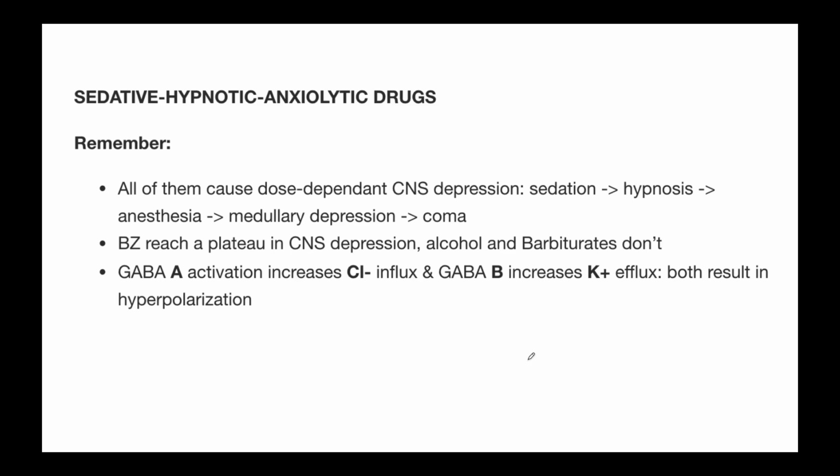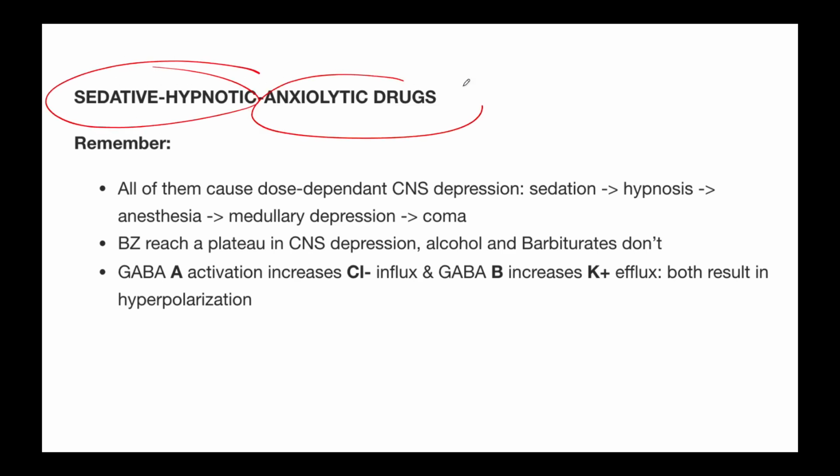So finally, the summary you should not forget: sedatives, hypnotics and anxiolytics. Benzodiazepines reach a plateau, and alcohol and barbiturates don't reach a plateau in CNS depression. It is the GABA A activation that increases the chloride influx.